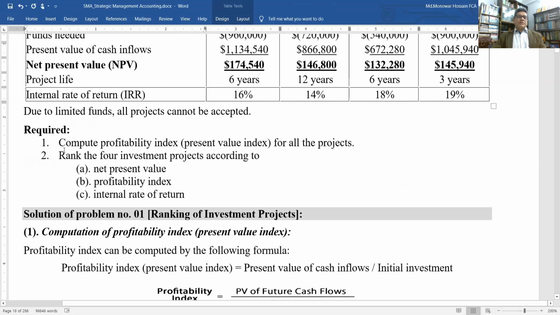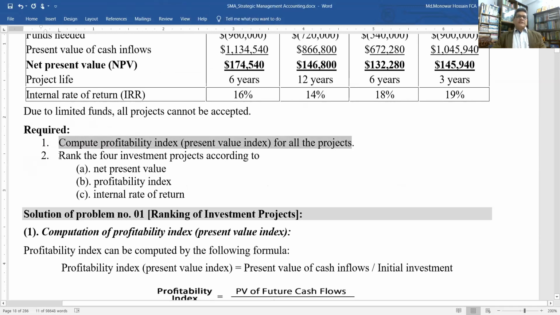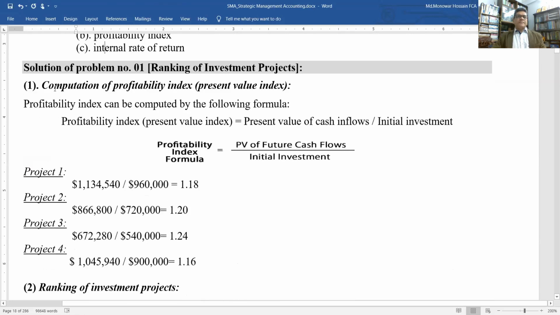So what is the requirement? Compute the profitability index, or present value index, for all the projects. Then rank the 4 investment projects according to NPV, profitability index, and internal rate of return. So let us start. It's easy. The profitability index can be computed with the formula: profitability index equals present value of cash inflow divided by initial investment.